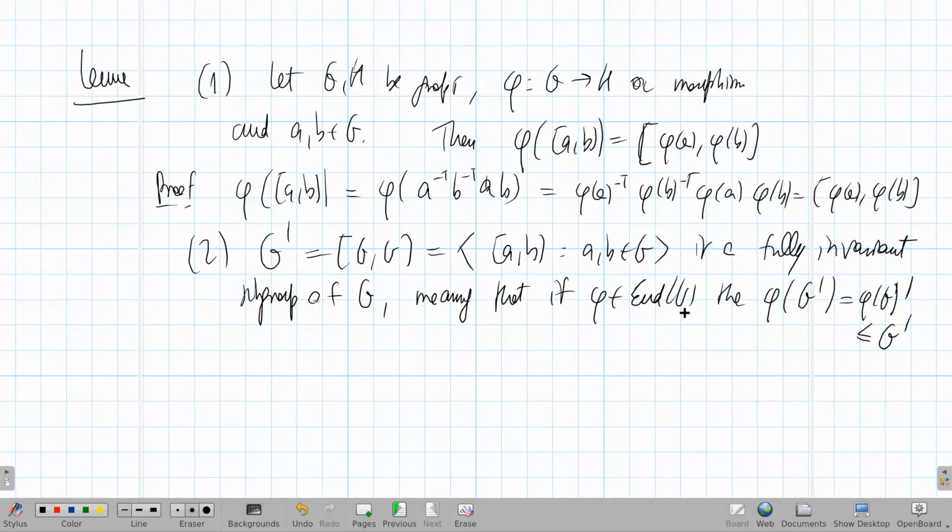Note, since it's fully invariant, that is, sent into itself by any endomorphism, it is also characteristic. Since the automorphisms are a subgroup of the semigroup of endomorphisms, it follows that G prime is also characteristic.